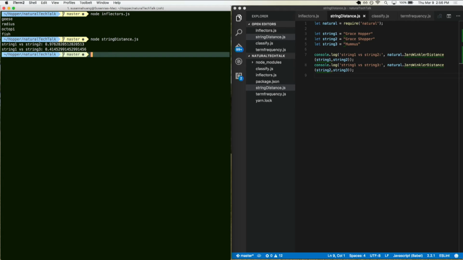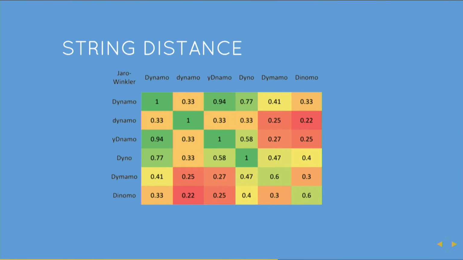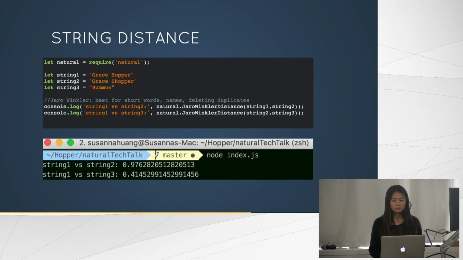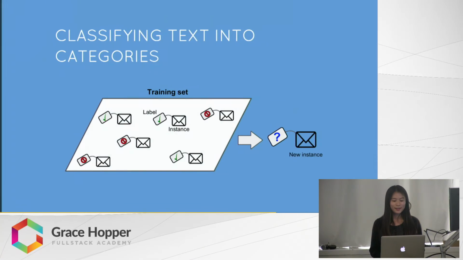This is kind of obvious. And string 2 and string 3 are going to be pretty different, so it has a 0.4 instead of a higher number. So that's just another look into that.